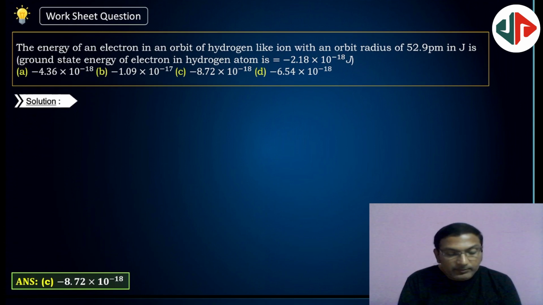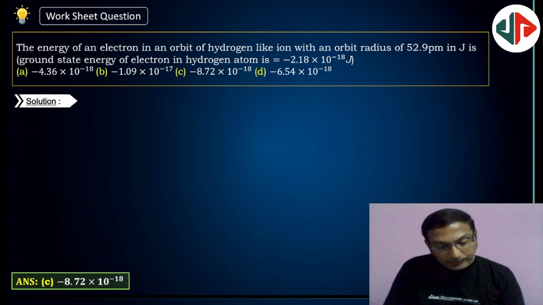The energy of an electron in an orbit of hydrogen-like ion with an orbit radius of 52.9 picometers, in joules, is? Ground state energy of hydrogen atom is given.